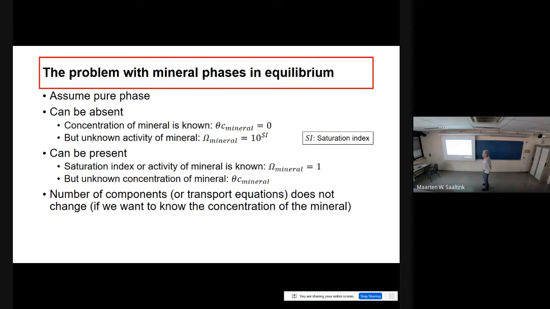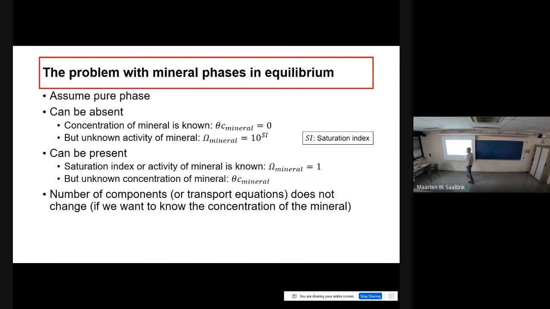And then I have the activity of the mineral, the omega of the mineral. Actually, the saturation index is also something used. So we don't know it. It could be anything. Now, if the mineral is present, actually it's the other way around. We know the activity of the mineral is 1, because it's a pure phase, or we assume a pure phase.